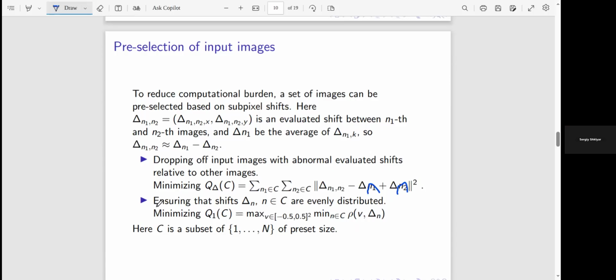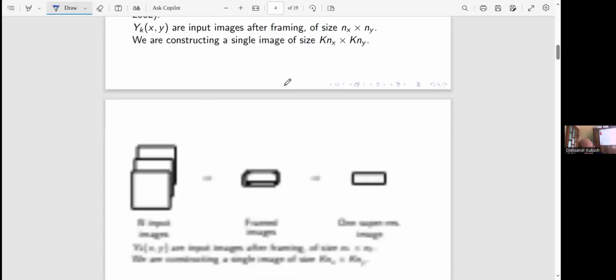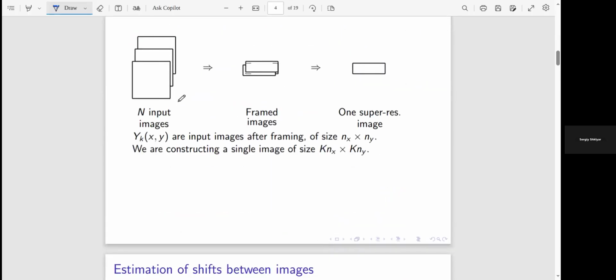I have to return to slide 3, I'm sorry. We have n input images and we cut some margins of the images.